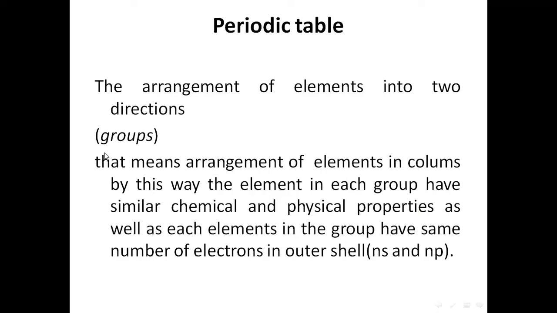In the groups, elements are arranged in columns. Number one, the elements are arranged in columns.